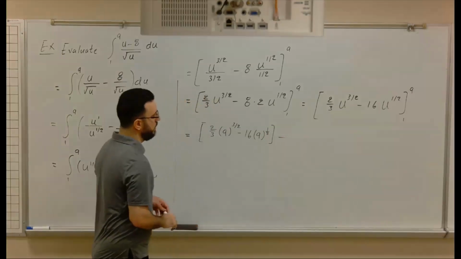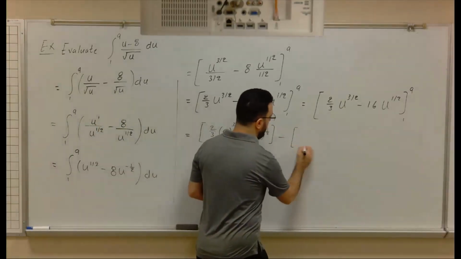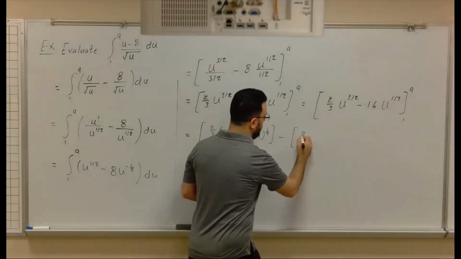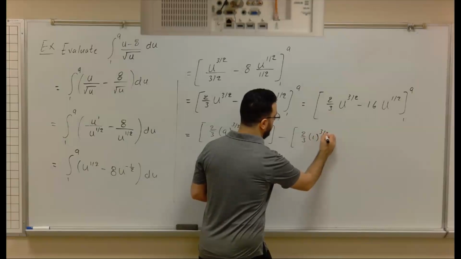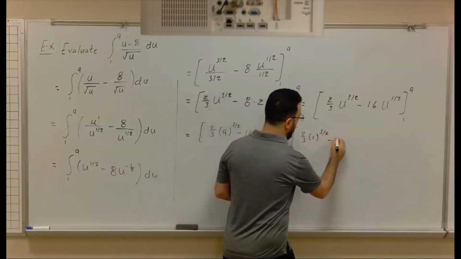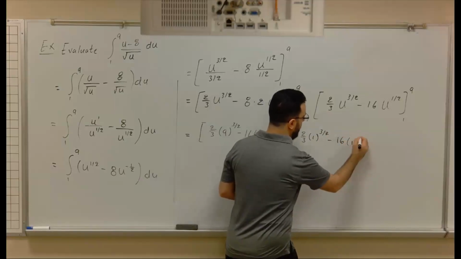Here's minus, the minus between the two evaluations. Plug in the 1, so it's going to be 2/3 times 1 to the 3/2, minus 16 times 1 to the half.